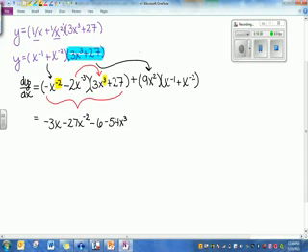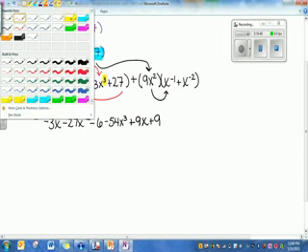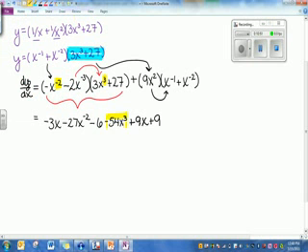Okay? Then I have to do my last piece, which is 9x. Remember, adding exponents, so that's just going to be to the first, plus 9x to the 0 again, so I'm just going to leave it as 9. All right? Now the last thing, I'm just combining like terms. I always like to start with the highest exponent, and in this case that's going to be the negative 54x cubed, and then work my way down to the lowest exponent.